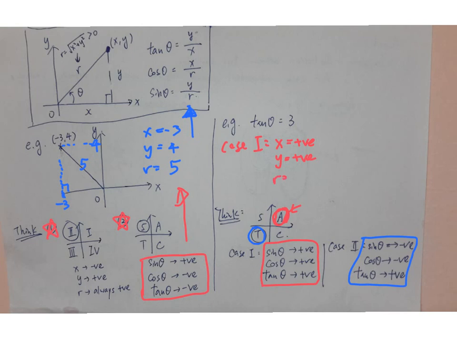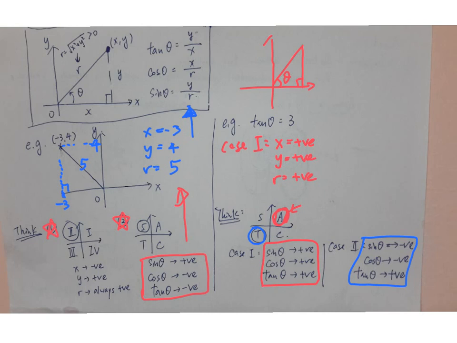Okay, so if you draw the graph, it would be like this. Tangent theta is equal to y over x.